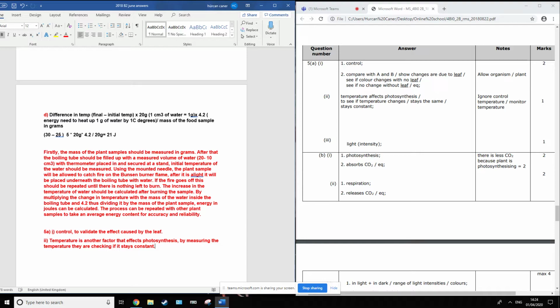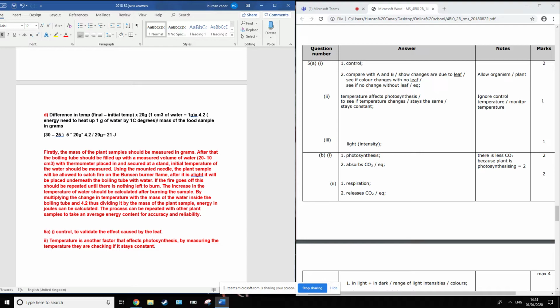Carrying on. Name the independent variable in this investigation. Light. Light intensity. Yes, so it doesn't depend on anything, because photosynthesis depends on the light, and the thing you are changing is your independent variable because you're controlling it. It is not being affected by anything else.